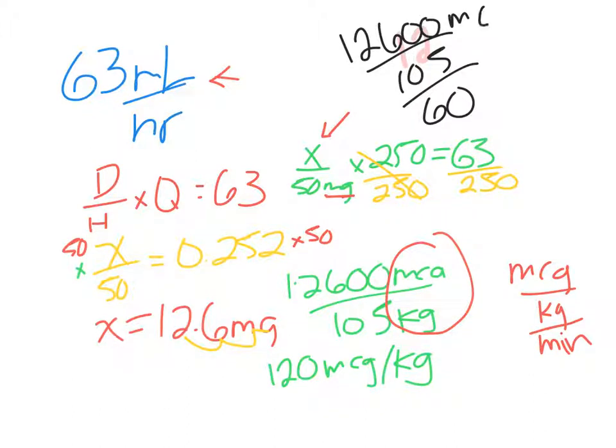Remember, your 12,600 is in micrograms, 105 is the patient's weight, and 60 is the minutes. Look what we would calculate, because nothing cancels out. Taking my 120 and dividing that by 60, we know that is 2. So your answer to that first question is definitely 2.